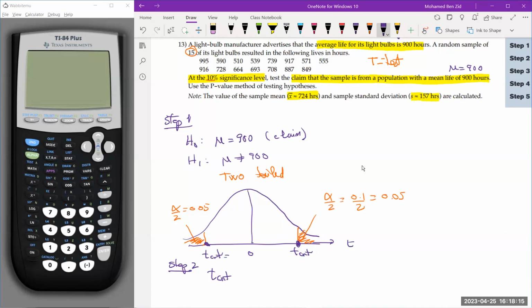One positive, one negative. In order to do this, you need degrees of freedom, which is n minus 1. That's 15 minus 1, which is 14. And you need the alpha, which is already given to you, 0.1. And don't forget, this is a two-tail.